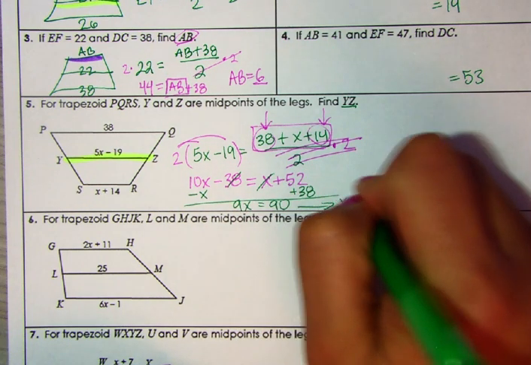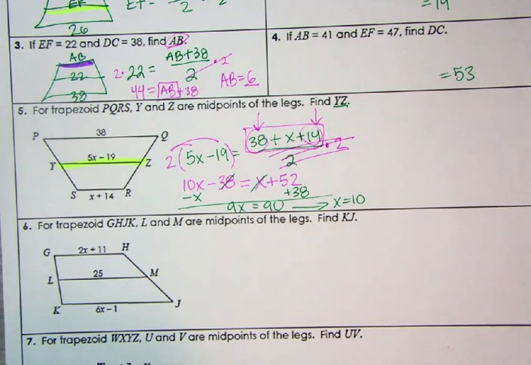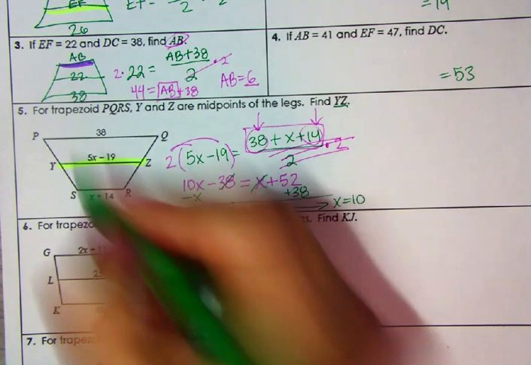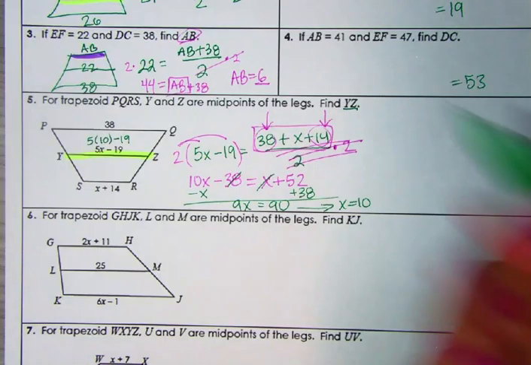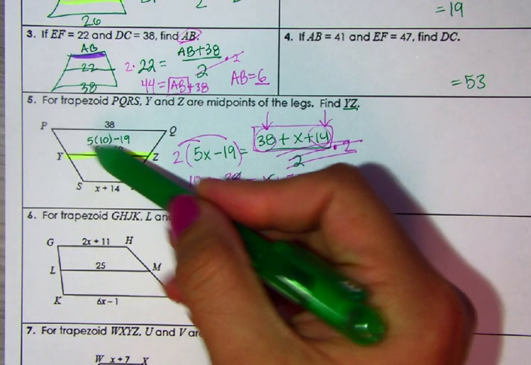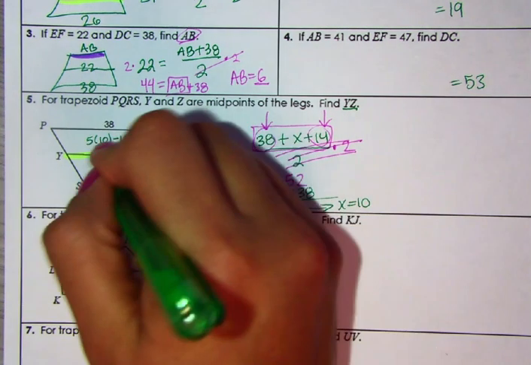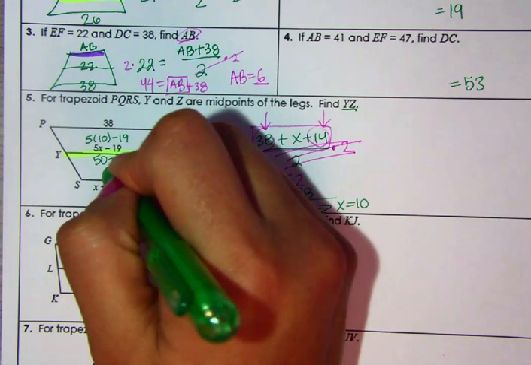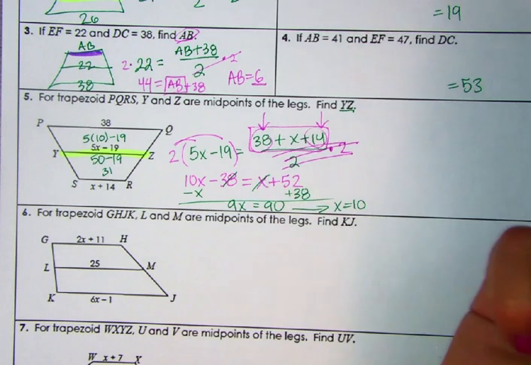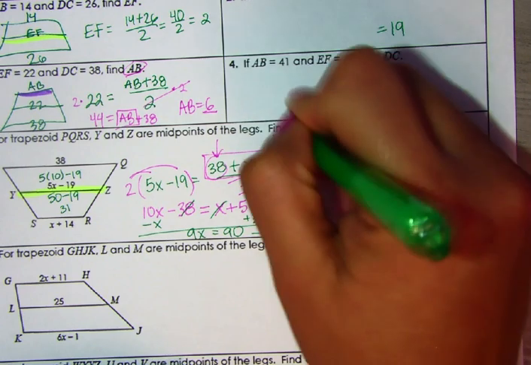Therefore, x equals 10. Now, it's not asking you for x, it's asking you for YZ. So you're going to substitute a 10 in there for x. And then you have 5 times 10, which is 50, and 50 minus 19, which will result in 31. So YZ equals 31.